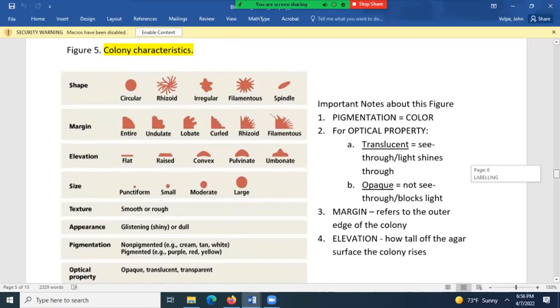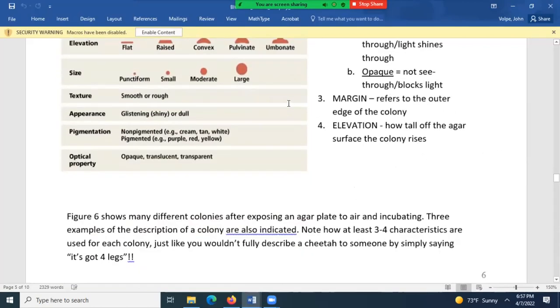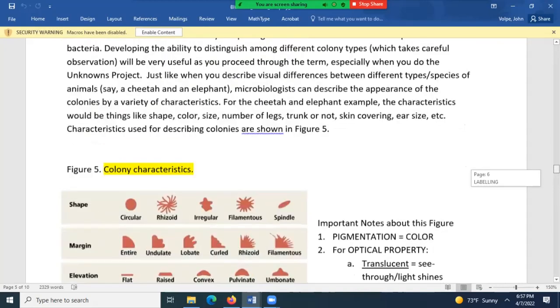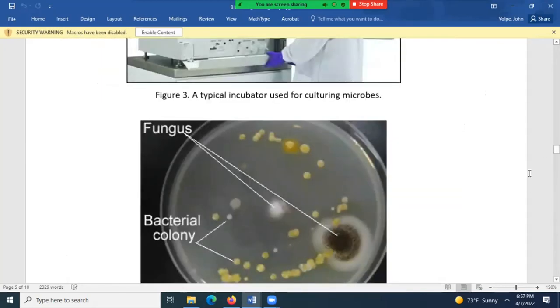Texture: there are smooth and rough colonies. Appearance: whether it's shiny, we call that glistening or shiny, or we call it a dull colony. So let's come on up to our colonies here. This one is a shiny colony. That one is dull.